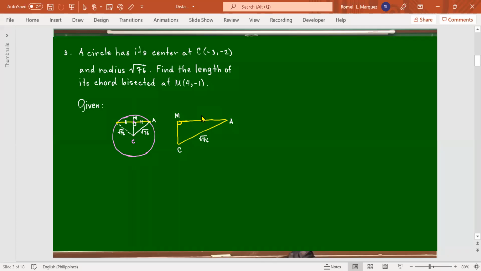Let's call it small a. Now, let's solve for small b. So we're looking for twice of a. So that is length of chord. So 2a. This is what we are looking for. Length of chord.